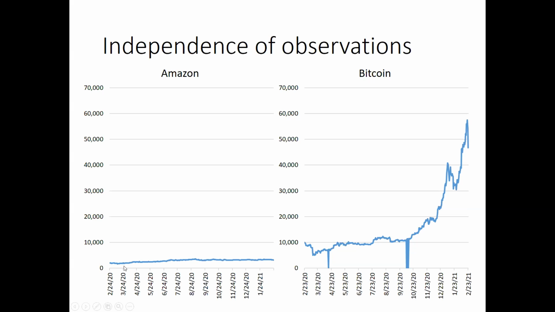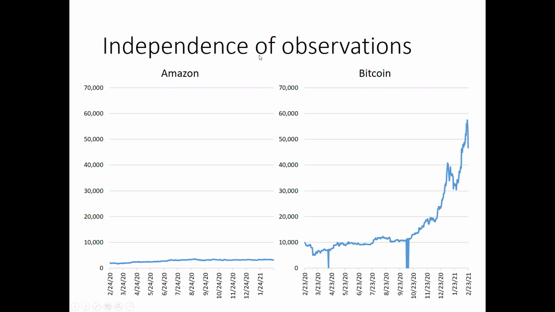Amazon, while there has been fluctuation, has not fluctuated over the same time period nearly as much as Bitcoin has, to use the same example from last time. What this means is that if we were trying to test a linear model on stocks, we could assume that Amazon's price fluctuations don't necessarily correlate with Bitcoin's price fluctuations.